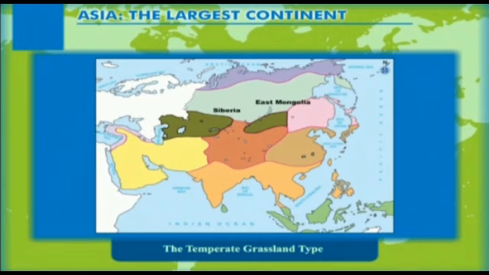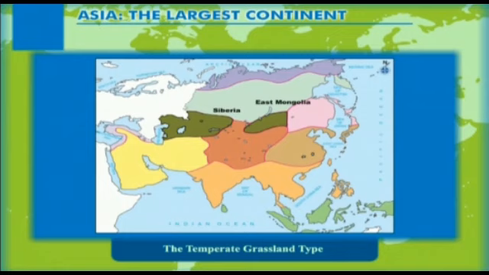Next we have the temperate grassland type, which is also known as a continental climate. Why is it known as a continental climate? Because it records a high diurnal range of temperature. That means they are located away from the sea. This type of climate, the temperate grassland type, is found in parts of Siberia and eastern Mongolia towards the south of the Taiga region.